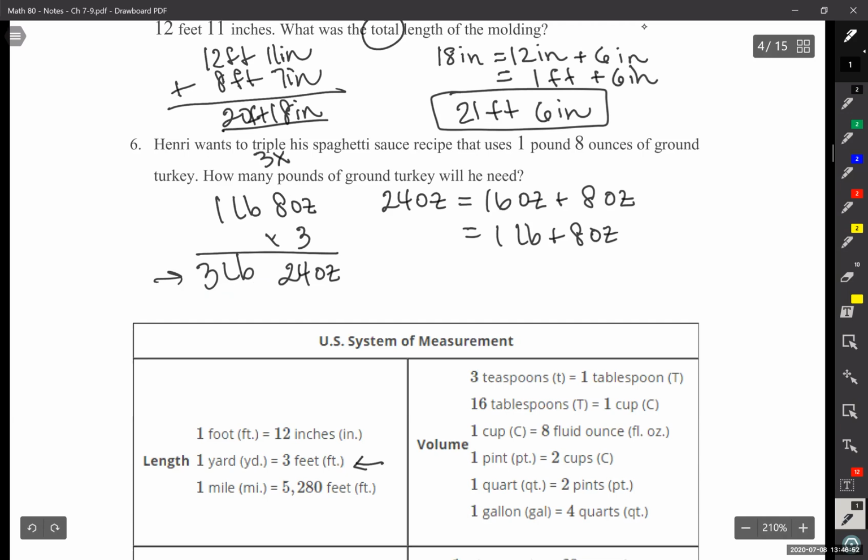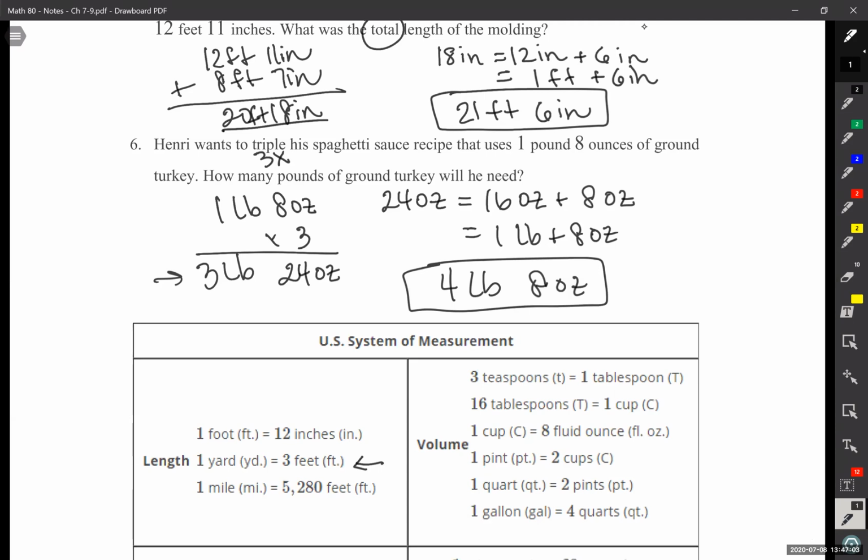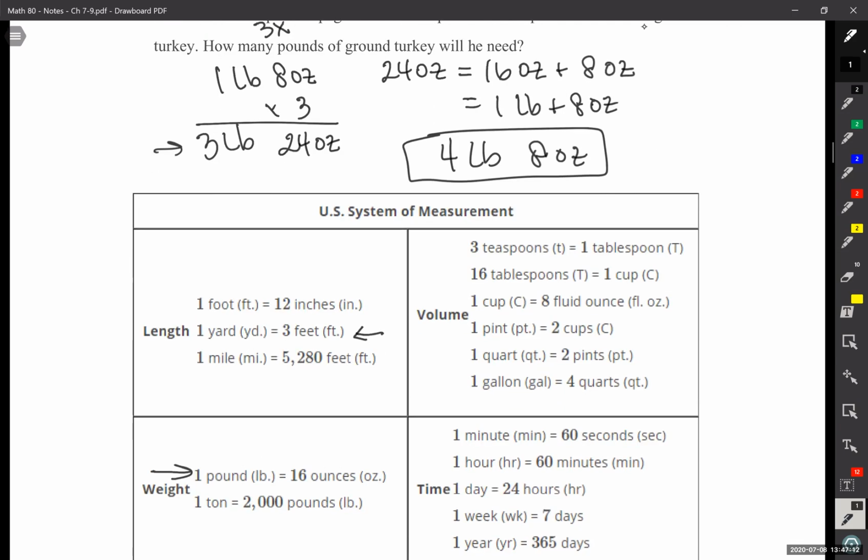The 3 pounds we started with, we end up with 4 pounds, 8 ounces as our final answer. So do the addition, do the multiplication, whatever the problem says, and then just check the units on this chart to see if you can convert them and to make those last numbers a little smaller.